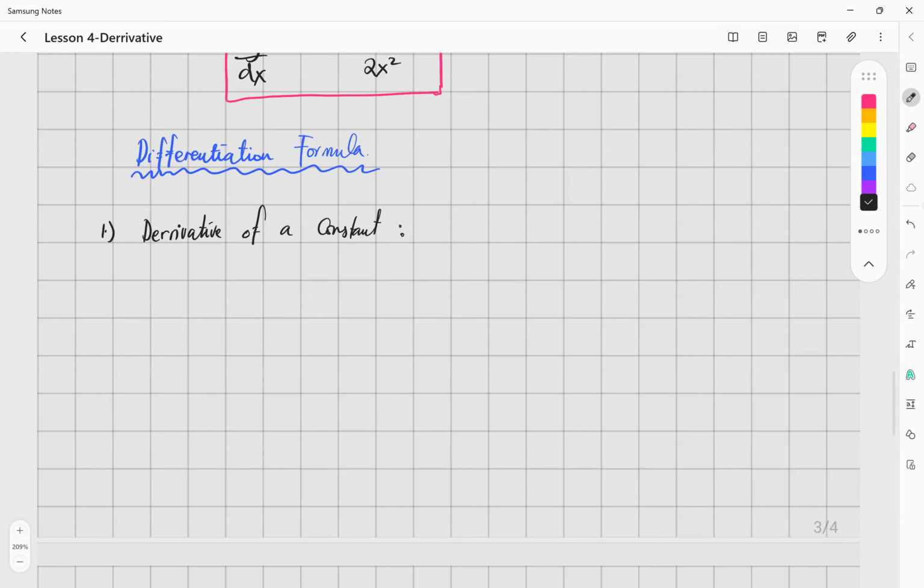The derivative of a constant function is 0.